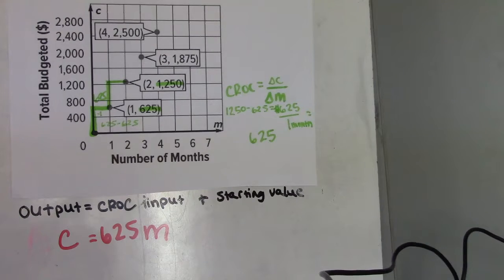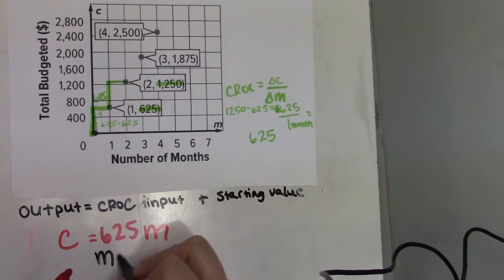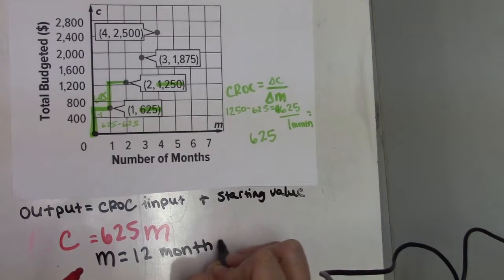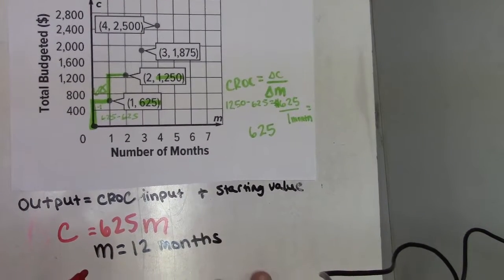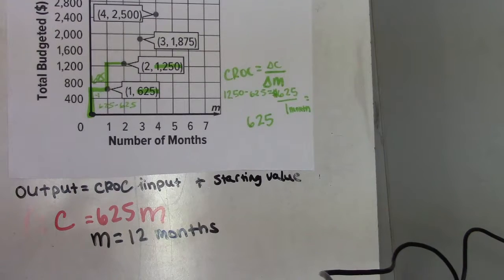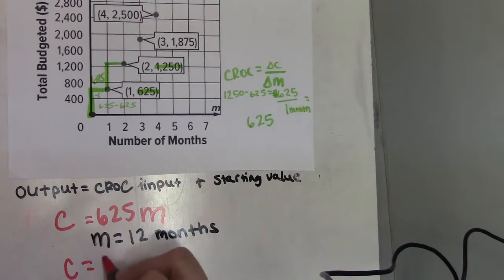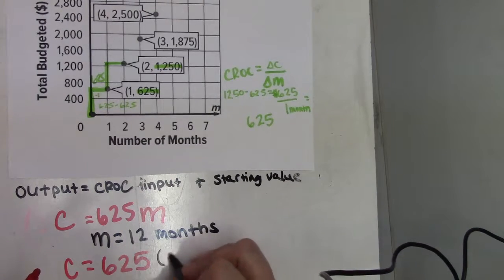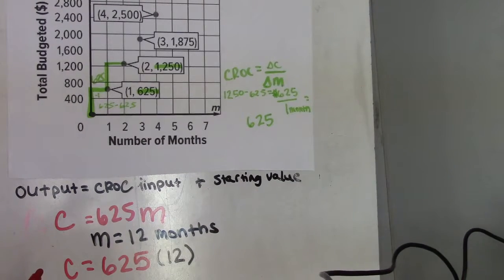So then the next part of that is use the equation to determine how much money the Rockwell family should budget for 12 months. So if we know M is going to be 12 months, which comes from the problem, in place of M in this equation we just wrote, we will substitute 12. So C equals 625 times 12.